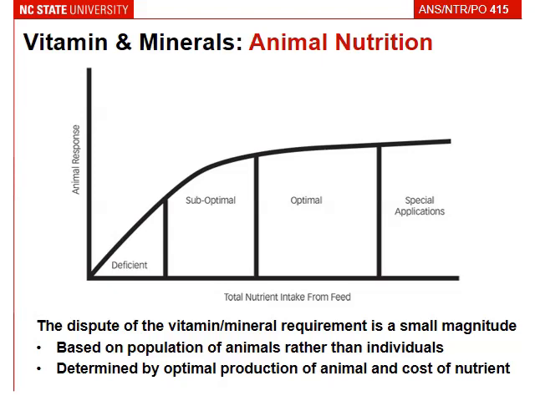So here, with most animals, we are looking at what we refer to as the broken line. So we will have a titrated level of the nutrient that we are looking at compared to a specific animal response.